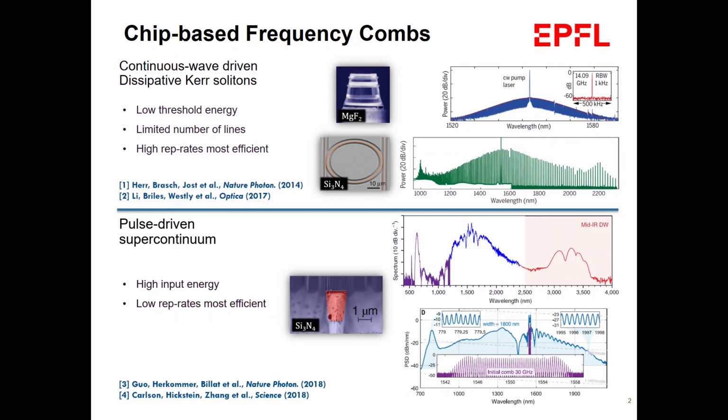Because of that, supercontinuum generation requires a very high input pulse energy or pulse peak power, and so it's very efficient at low repetition rates, hundreds of megahertz or even less.